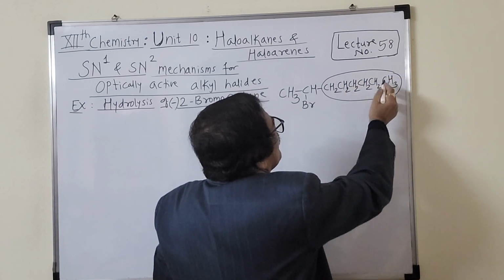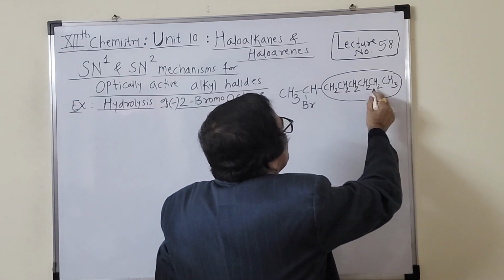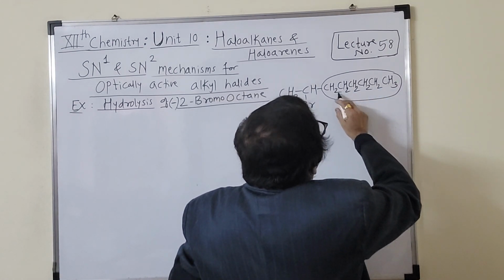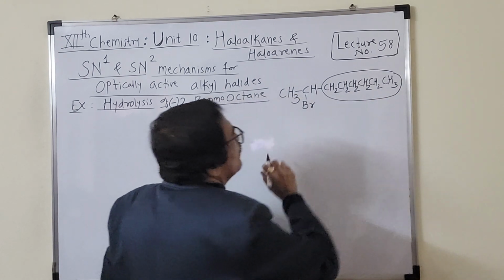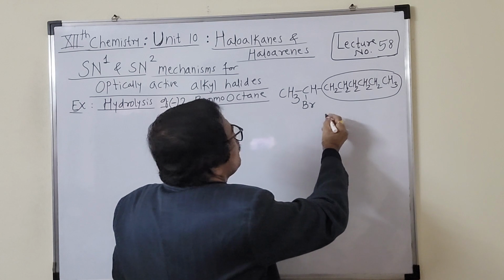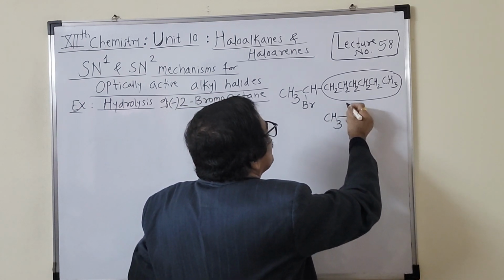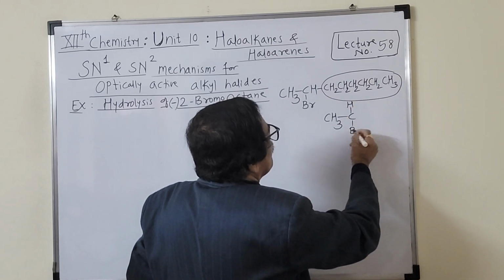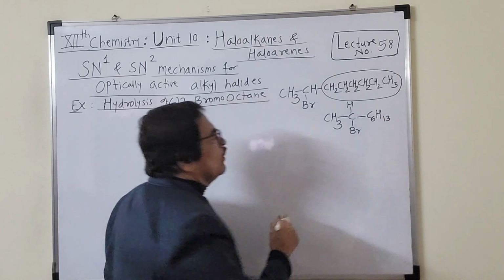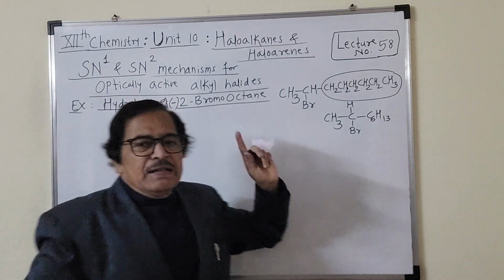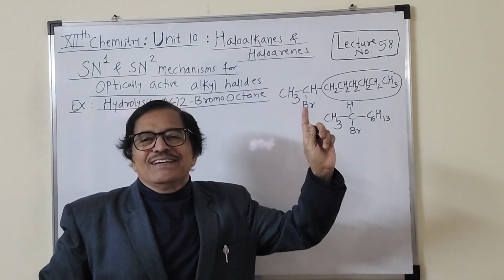But I think it is not necessary to write this much every time, so we condense it. Six carbons, that is C6, with hydrogens 5 into 2 is 10 and 3 is 13. So C6H13. I can also write this as CH3 CH Br C6H13. Now you will notice that carbon number 2 is asymmetric or chiral.